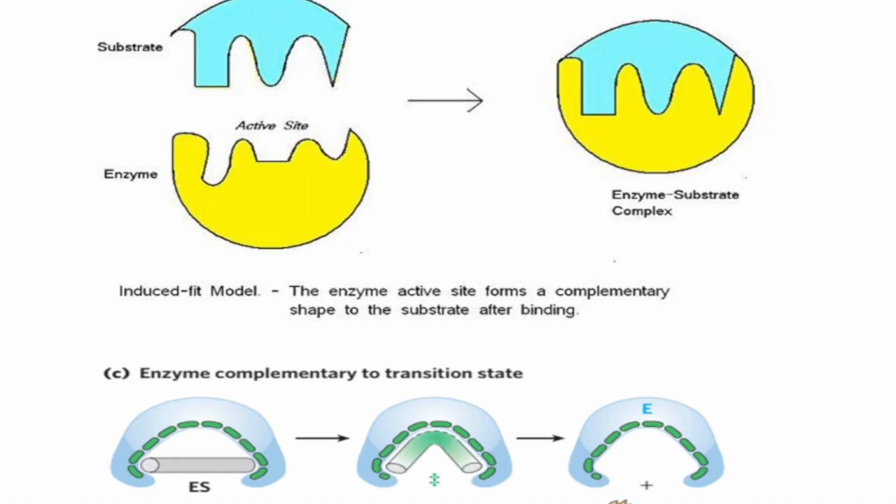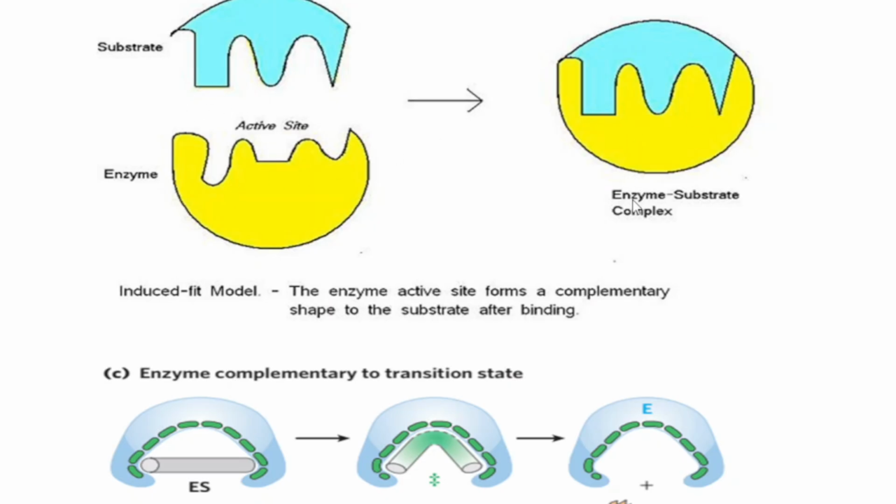This is the diagrammatic presentation of the induced fit model. As you can see, the shape of the enzyme active site and the shape of the substrate are not complementary. So the substrate comes and binds to the enzyme and forms the enzyme substrate complex. This is the original enzyme, and this is the enzyme substrate complex.